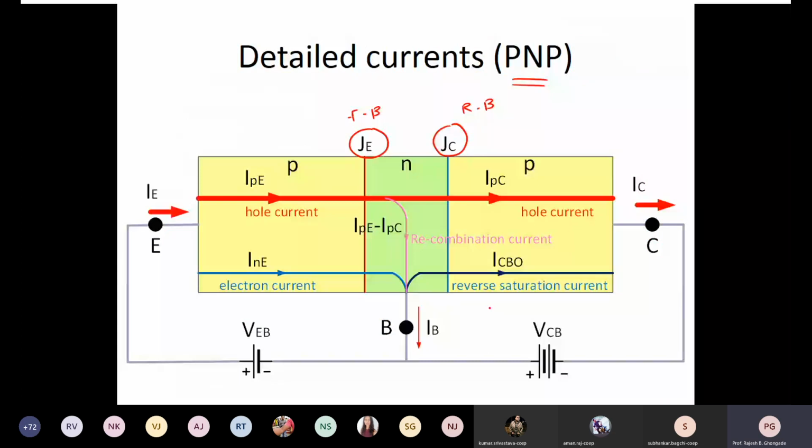The polarities are reversed. Now, going a little bit deeper into the transistor current, what exactly happens? We already know this is a forward bias. And what is the majority charge carrier here? Who are the majority charge carriers in this? Holes, correct. Just like in the previous case it was electrons, now it is holes.